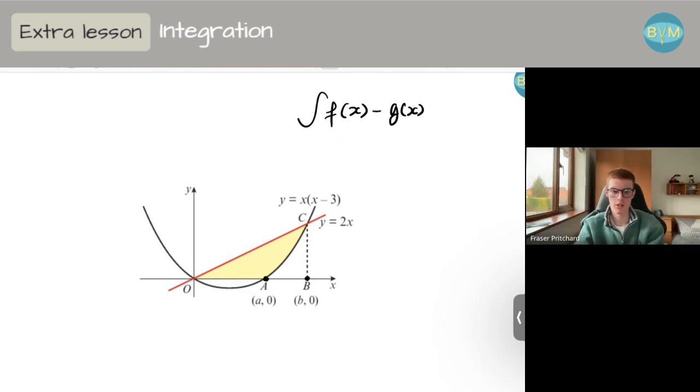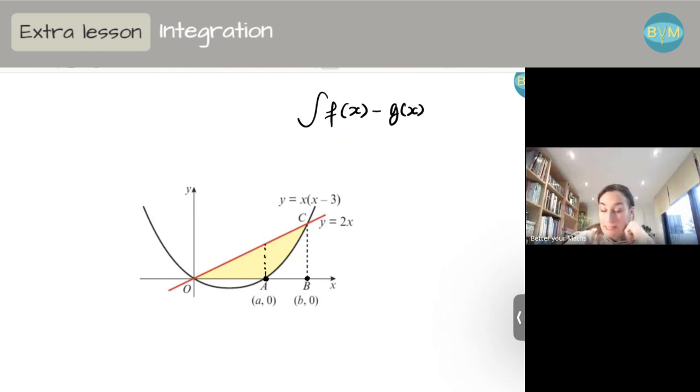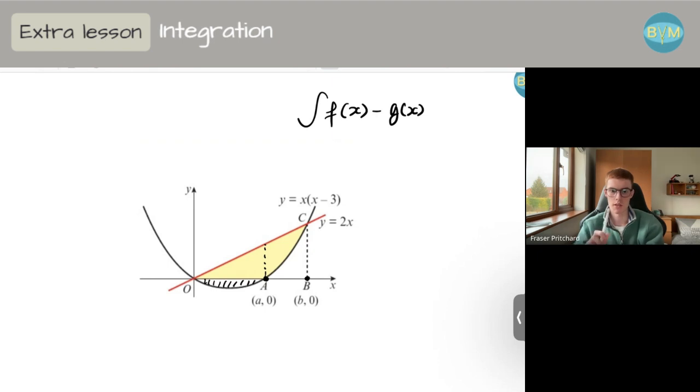And then do the integration between 0 and a, and then subtract that from the whole integration of the curve. Between 0 and a is not going to give me the area, because this is going to be negative. And then I subtract that from where? Is it the whole integral between the 2 points?